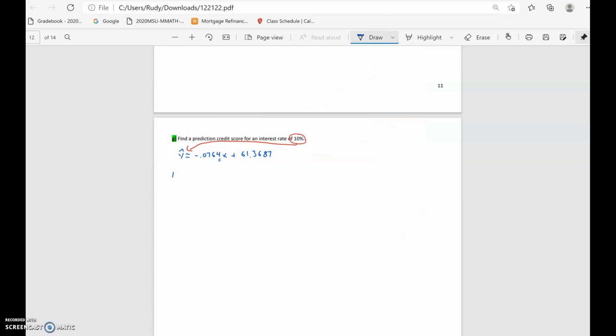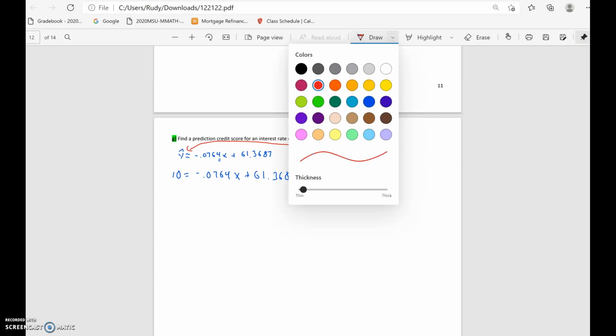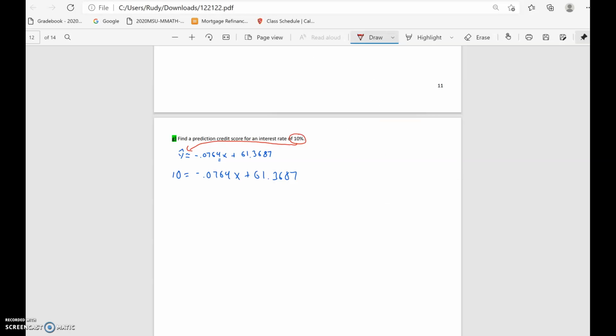In this case, 10 is equal to negative 0.0764x plus the 61.3687. And in order to try to keep the error to a certain level, meaning that it's not going to go beyond what we're actually estimating here, I'm not going to punch it in until the very end of the calculator.